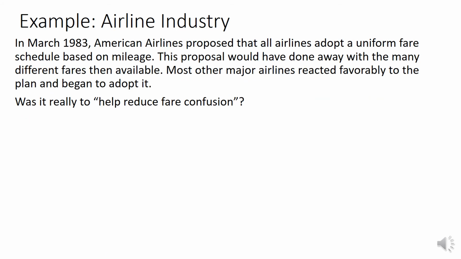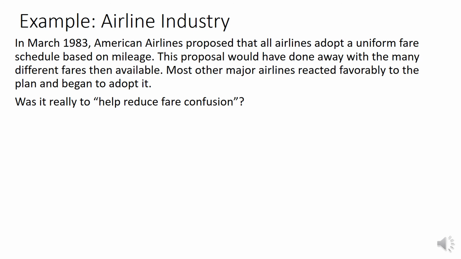Airlines. In March of 1983, American Airlines proposed that all airlines adopt a uniform fare schedule based on mileage. So flying Delta from Atlanta to New York would cost about the same as flying American from Atlanta to New York. Most of the major airlines reacted favorably to this proposal.